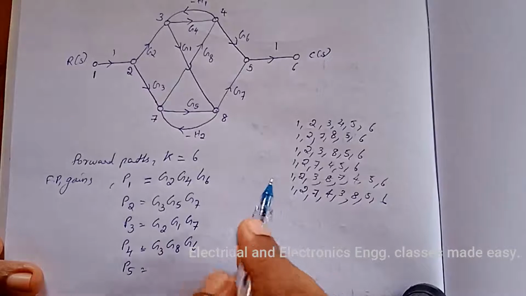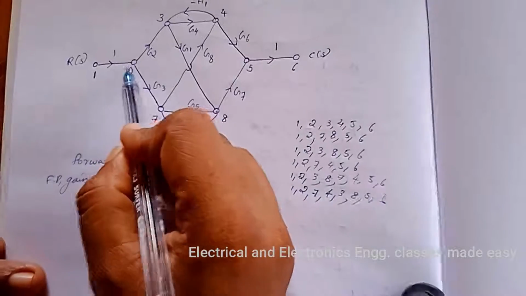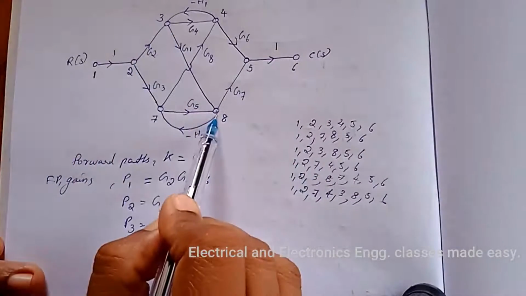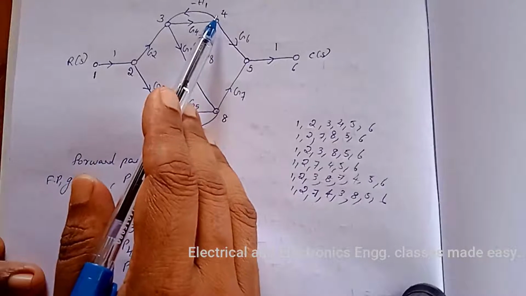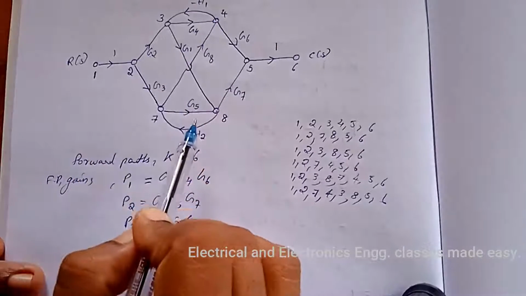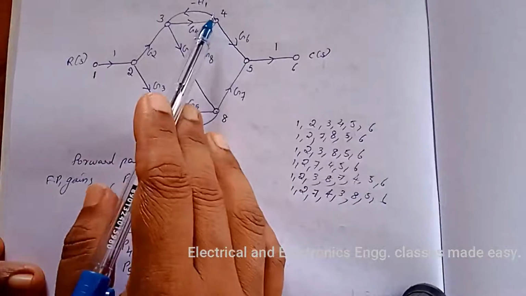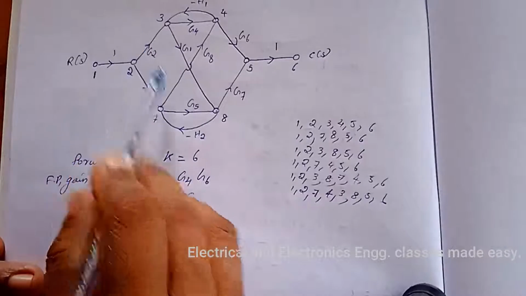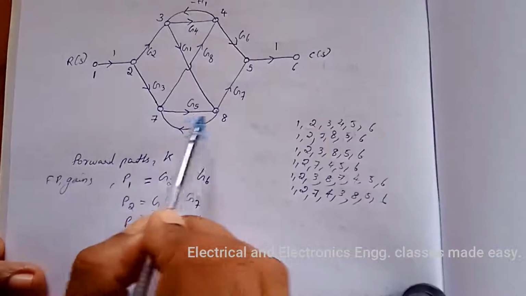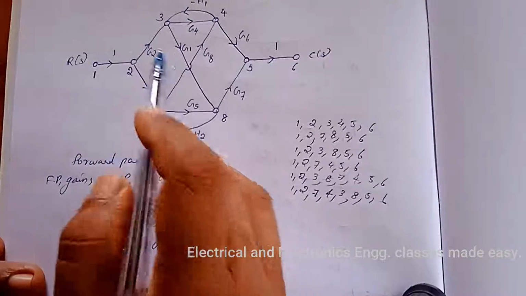P5 is 1, 2, 3, 8, 7, 4, 5, 6. 1, 2, 3, 8 in this way, 7, then 4, 5, 6.